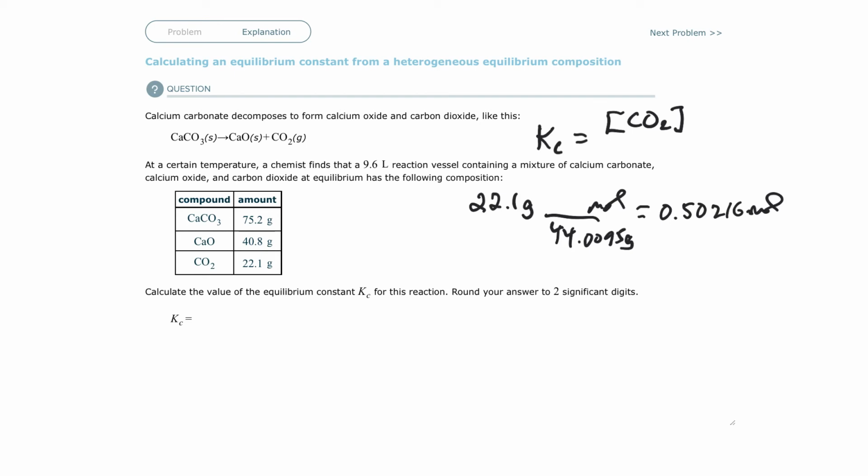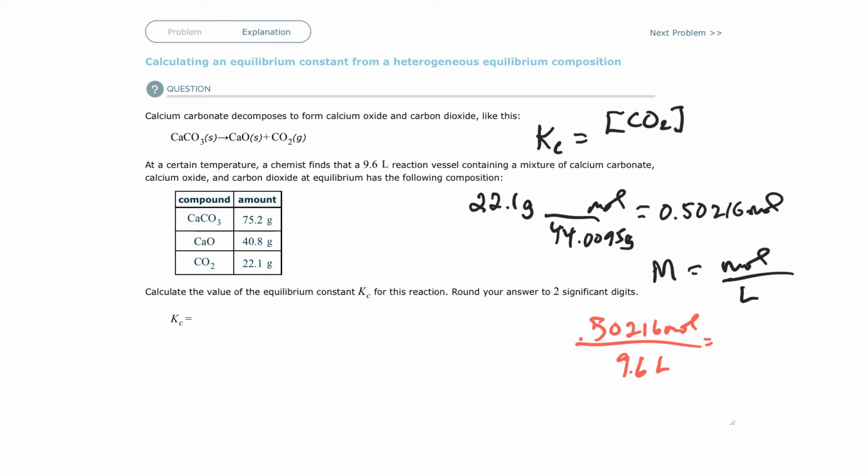And if you remember, molarity is moles of solute divided by liters of solution. Well, how many liters do I have? It says at a certain temperature, a chemist finds that it's a 9.6 liter reaction vessel. So I'm going to take my 0.50216 moles and put it over 9.6 liters.